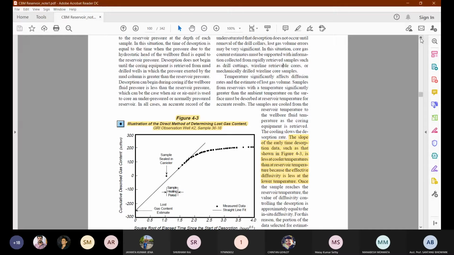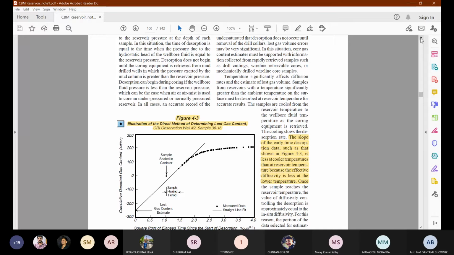Having understood this concept, you will again see that there are various parameters. Just like the temperature, the pressure is obviously a parameter. The temperature, the handling of the sample, the time you take to remove the core barrel and open the desorption canister and put the core barrel into the desorption canister.